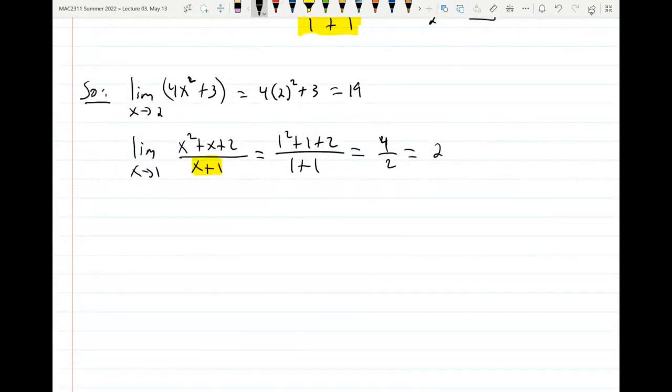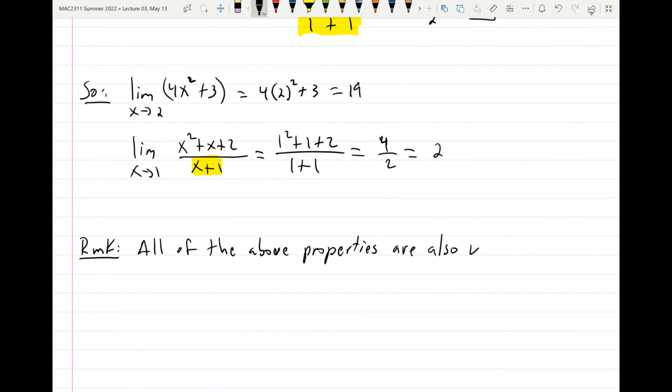Remark, all of the above properties are also valid for side limits, okay, either from the right or from the left.